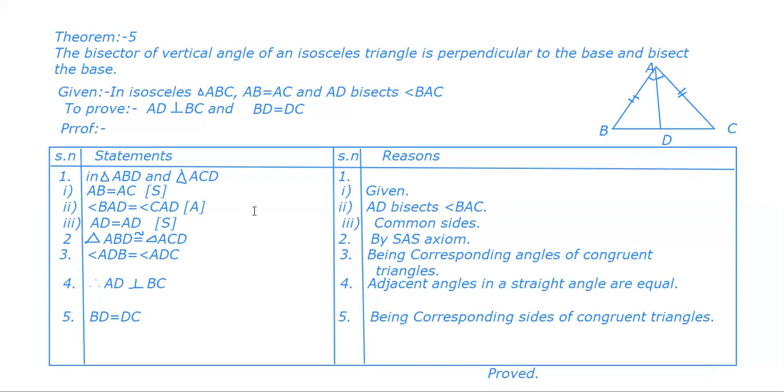Okay, now in this theorem, what do you have to prove? The bisector of the vertical angle of an isosceles triangle is perpendicular. This line is the bisector which bisects this vertical angle.